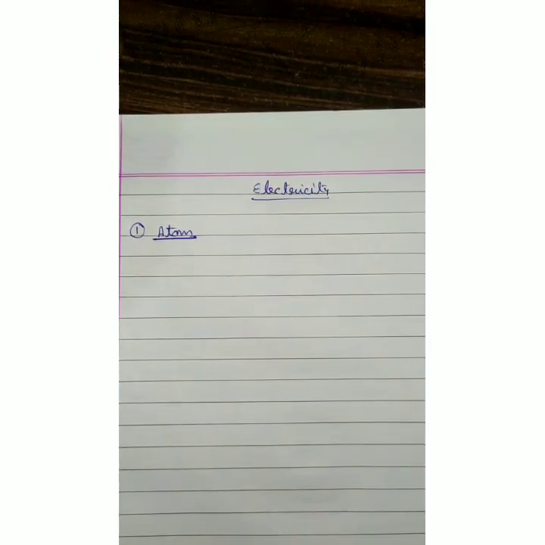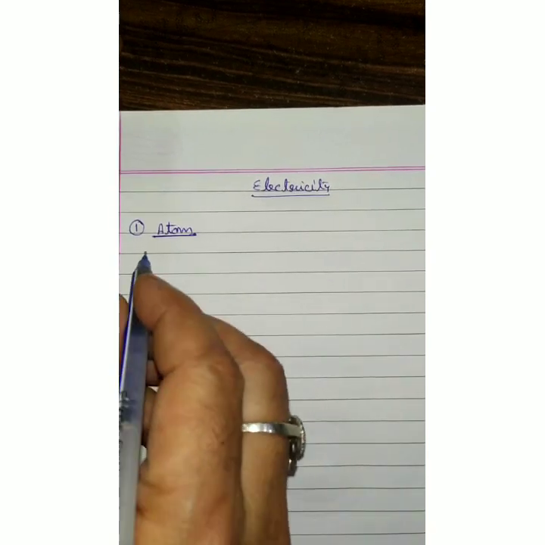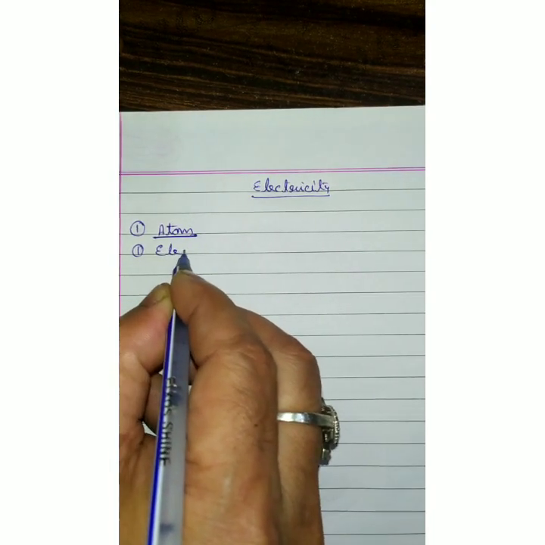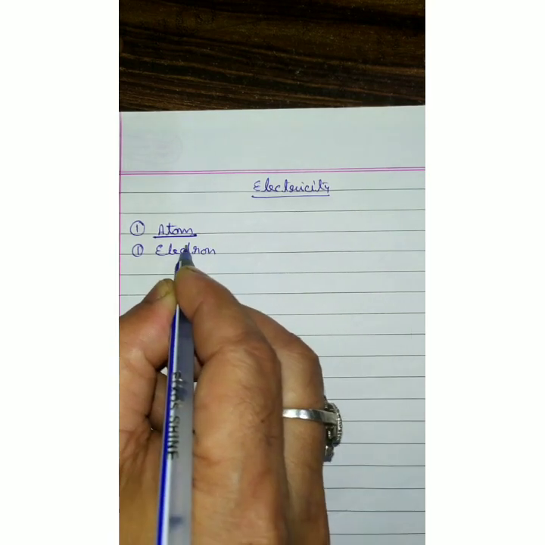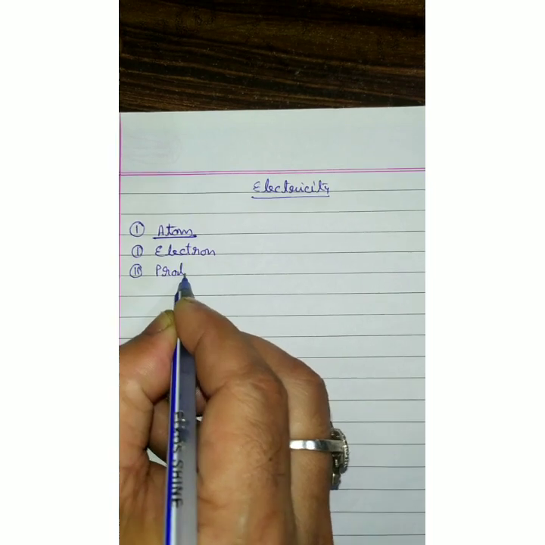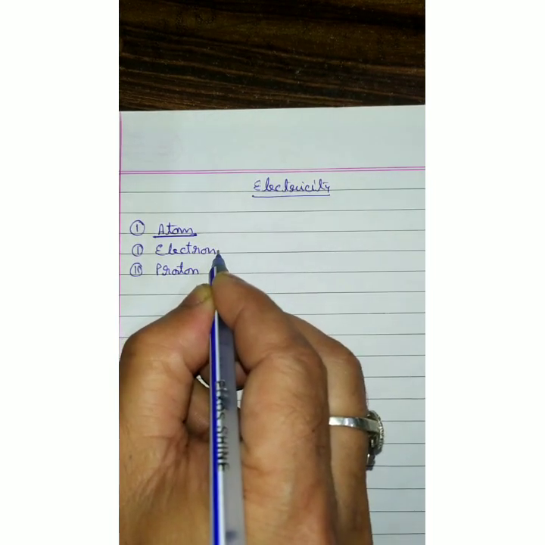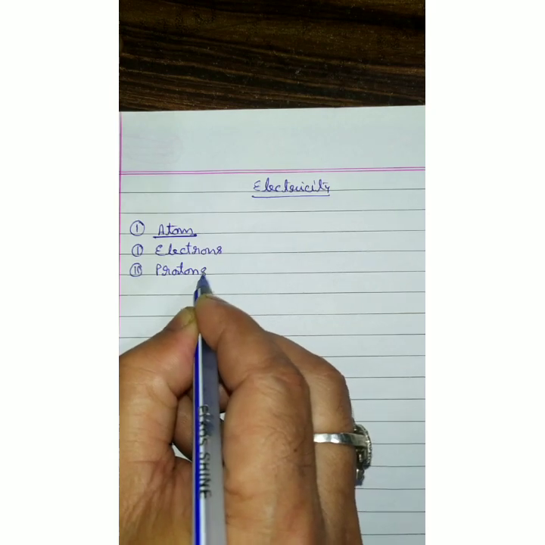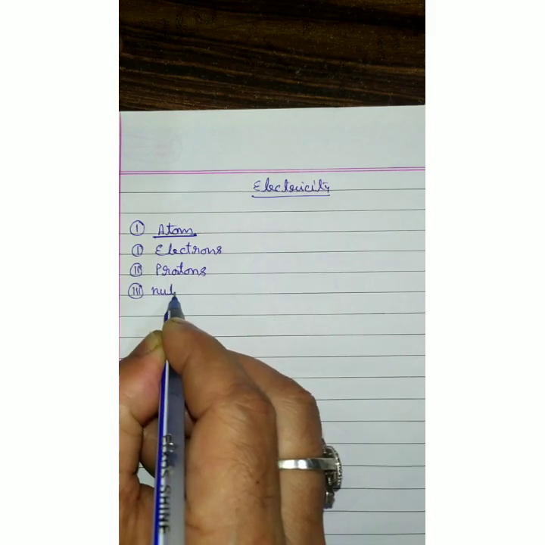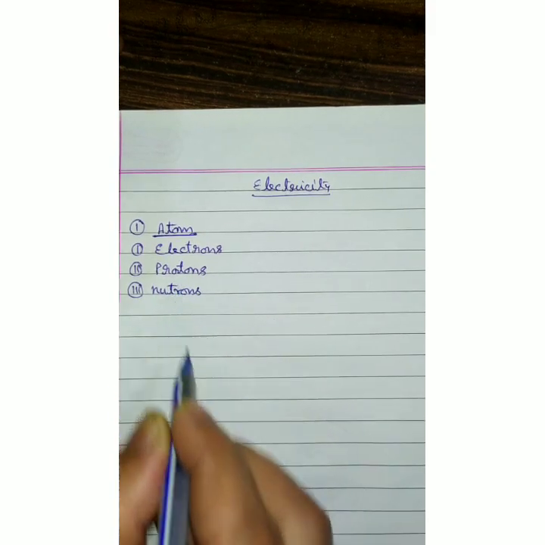And every atom is made up of three particles known as number 1, electron, number 2, proton, number 3, neutrons.